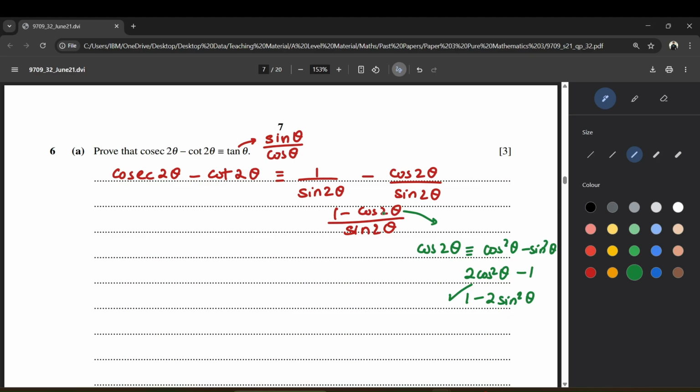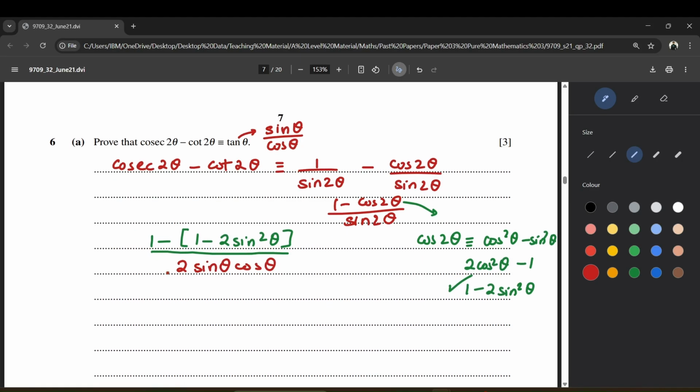I only want sine somehow. So the only one that gives me sine is this double angle formula. So this one will be written as 1 minus 2 sine squared theta, whereas in the denominator we need to have sine 2 theta, right? Sine 2 theta only has one double angle formula, which is 2 sine theta cos theta.